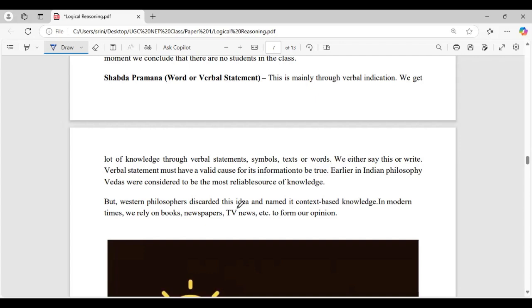Earlier in Indian philosophy, Vedas were considered to be the most reliable source of knowledge. But Western philosophers discarded this idea and named it context-based knowledge. In modern times, we rely on books, newspapers, and TV news to form our opinion.